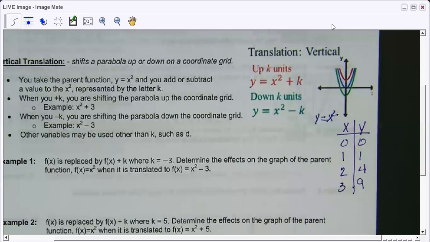You could have a parabola that serves as the parent function at some other place on the graph, and they're asking you to translate or transform that function to a different function. When you're transforming a parabola, the parent function is the original parabola on the graph that you're transforming. Does that make sense?